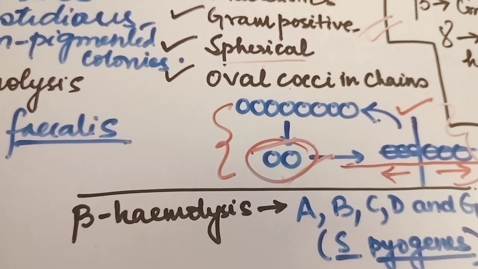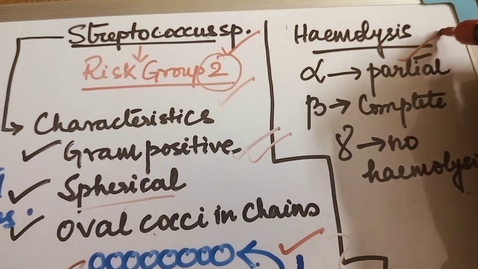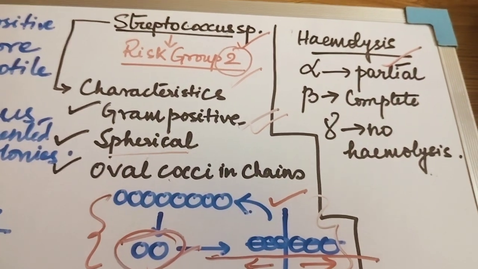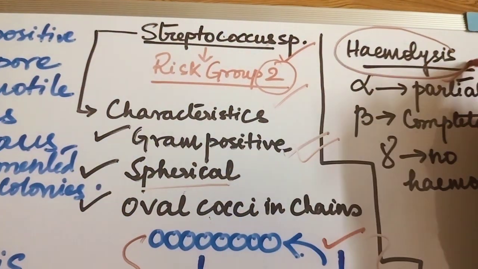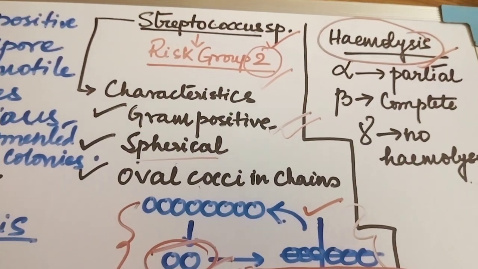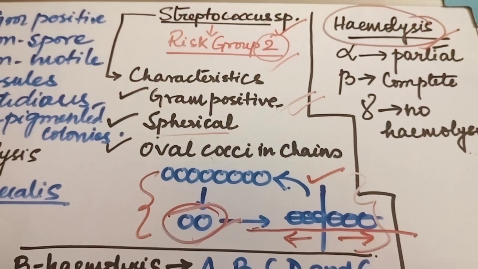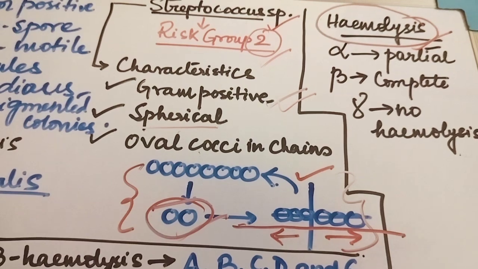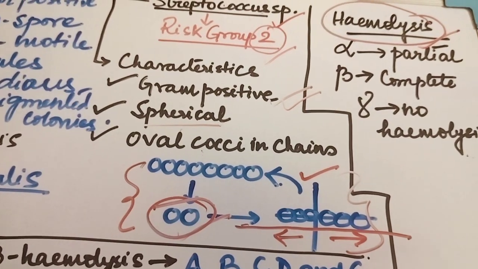Now there is another important classification of Streptococcus depending upon hemolysis. Students, you may be wondering what hemolysis is and why it is important. This is because there is a group of organisms called fastidious organisms. Like a child who will not eat if some important item is not given in his or her plate, that is called fastidious.